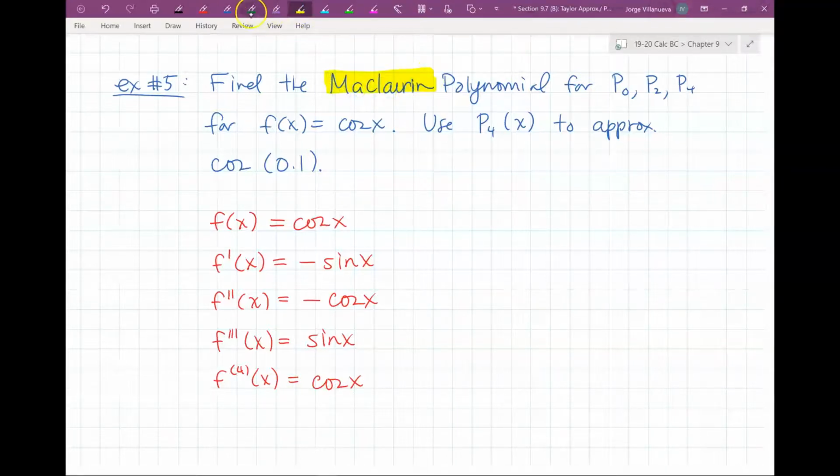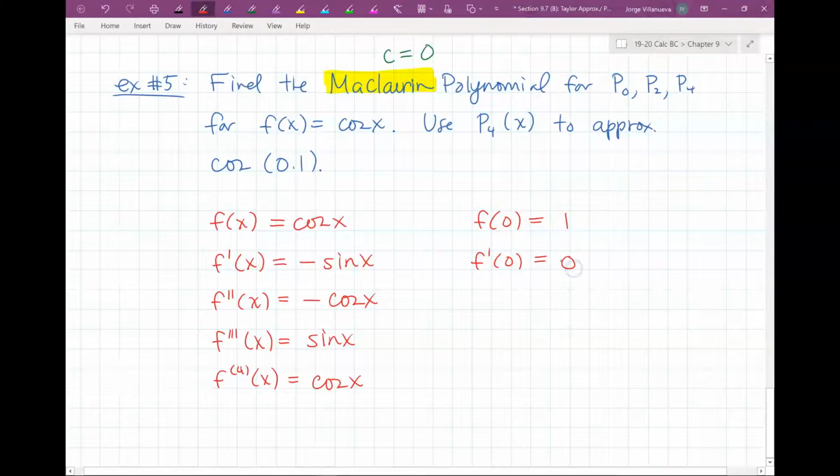So that basically means c equals 0. So let's figure those out. F of 0, that's 1. F prime of 0 is 0. F double prime of 0, negative 1. F triple prime of 0, 0. F quadruple prime at 0, 1.